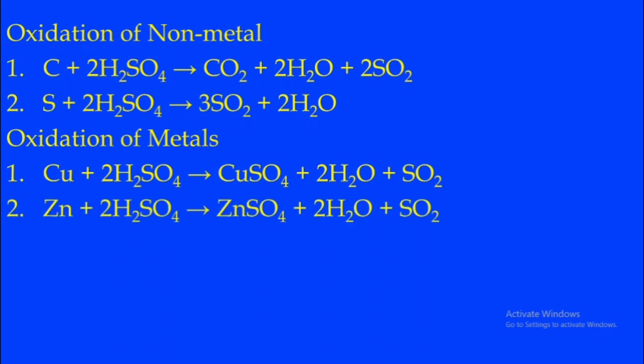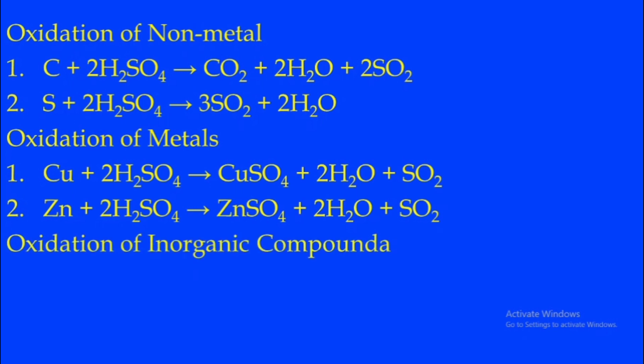Similarly, when zinc reacts with concentrated sulfuric acid, zinc sulfate, water and sulfur dioxide are produced. Here copper and zinc are oxidized to copper sulfate and zinc sulfate respectively. It also oxidizes compounds. So we will see the oxidation of some inorganic compounds.